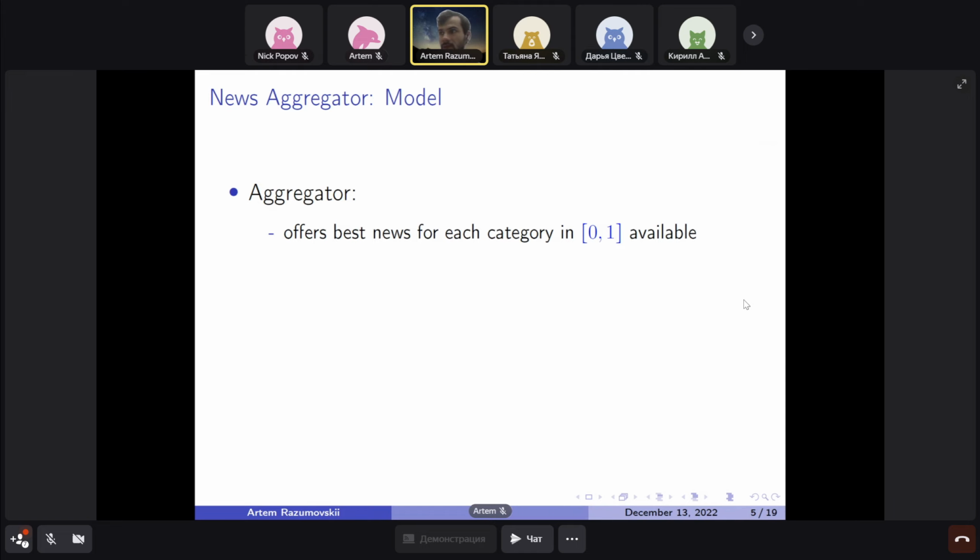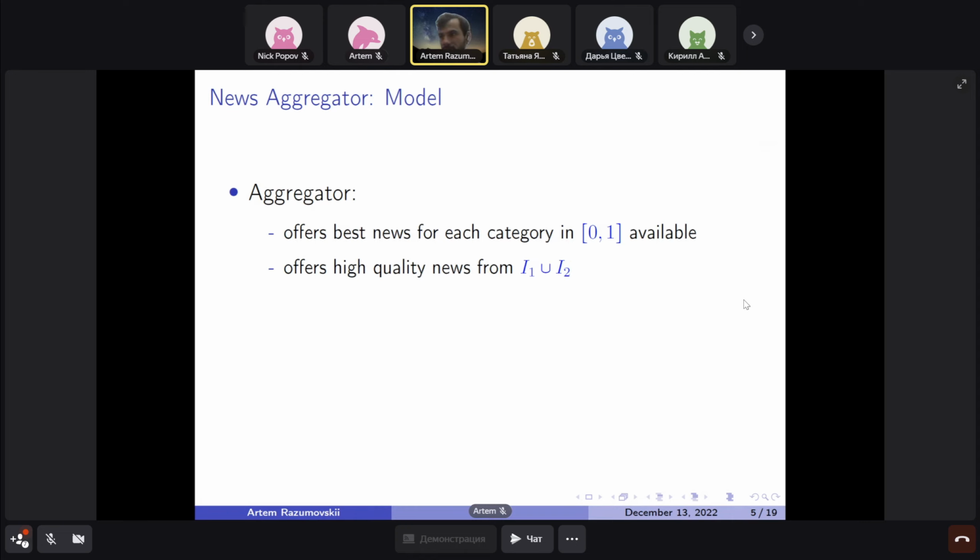Right. Now let's focus on the aggregator, since we already talked about agencies and consumers. The aggregator, as I said, offers each news from 0 to 1, but the best which are available.